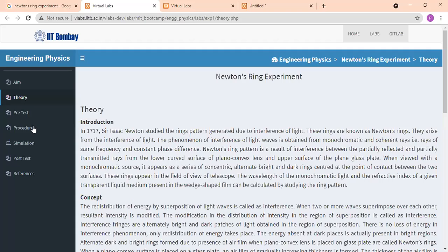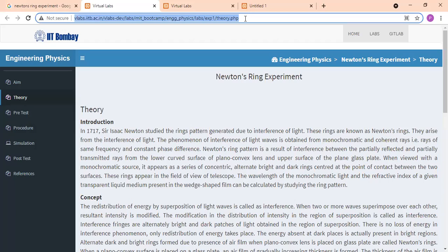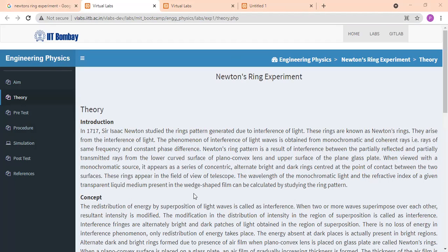So यहाँ पर आप procedure simulation में जाके आप measure कर सकते हैं. Okay, so try it. अदरवाइज मैंने आपको ये तो दिया ही है रीडिंग्स, तो आप वो ही सीधे यूज कर सकते हैं. So please use this link in the chat box I have given. Okay, so this is about this experiment.